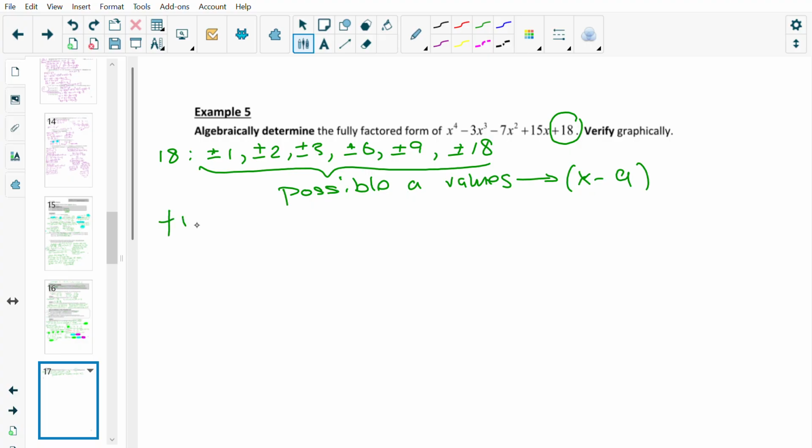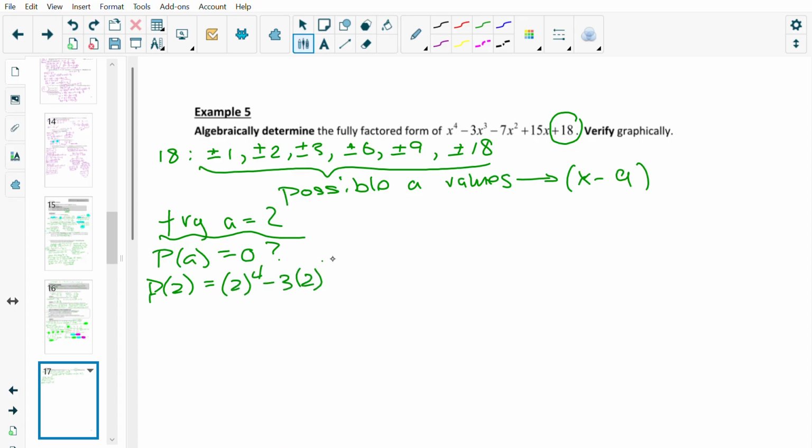Let's try a equals 2. So we're looking for P of a equals 0. If that's the case, then a equals 2 is one of our factors. So let's try P of 2 equals 2 to the 4th minus 3 times 2 cubed minus 7 times 2 squared plus 15 times 2 plus 18.